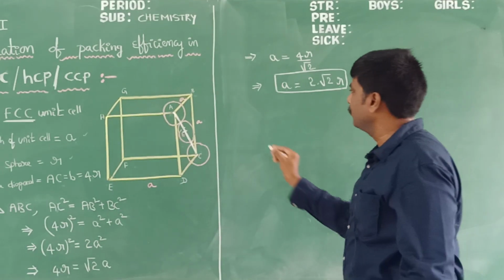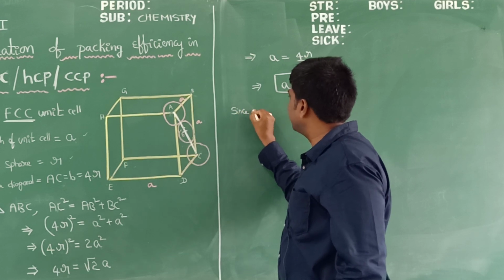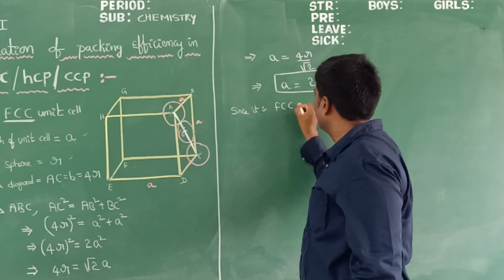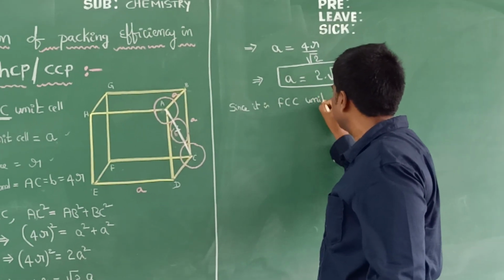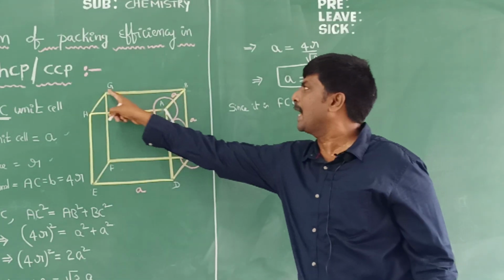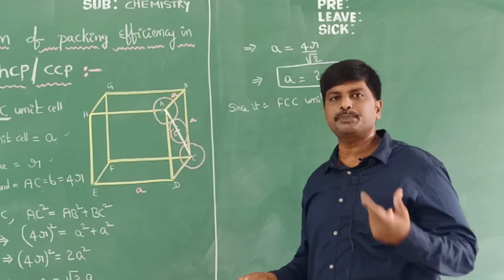Okay, now one more step. Since it is an FCC unit cell, atoms are present at all 8 corners and 6 face centers.